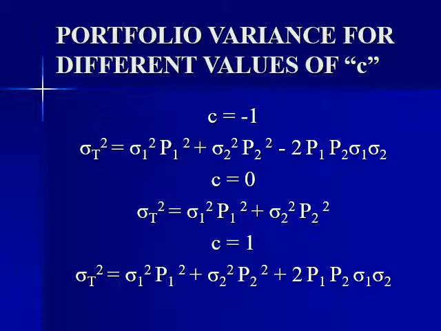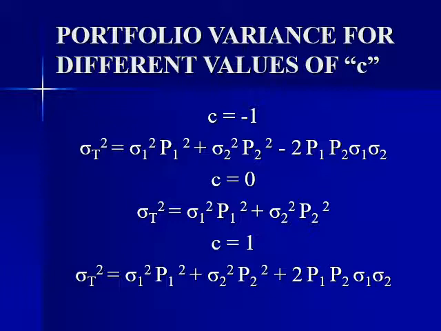So let's look at what happens to our equation for variance at different values of the correlation coefficient. If we have a perfectly negative correlation coefficient, that last piece becomes a negative. In other words, that's going to be pulling out variability.